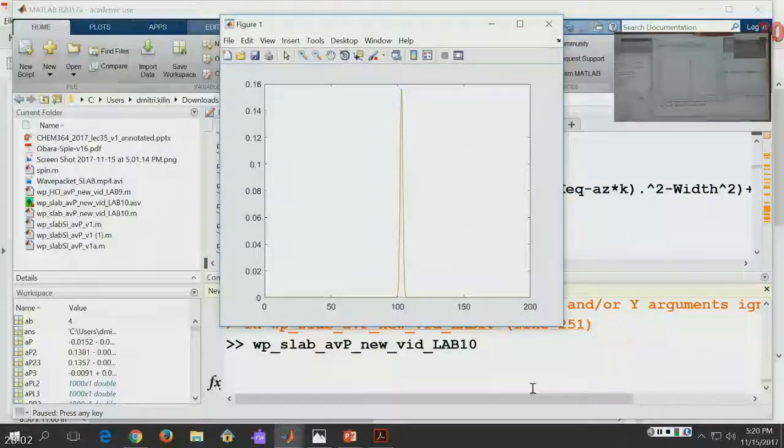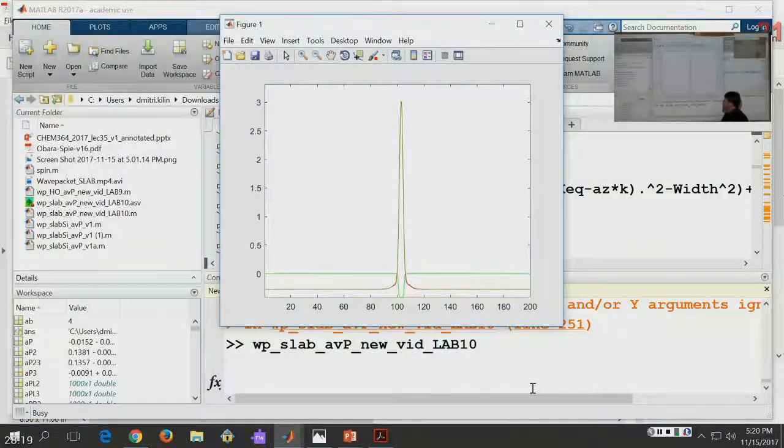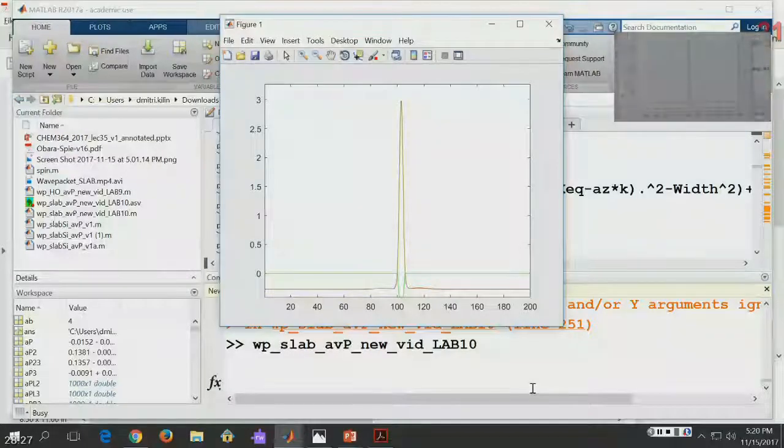So we set up zero momentum, and the initial position of the wave packet is approximately set up near the center of this atomic position. If you intentionally set an electron inside the well, you will not see much change of the shape of the wave packet, which is kind of reasonable.